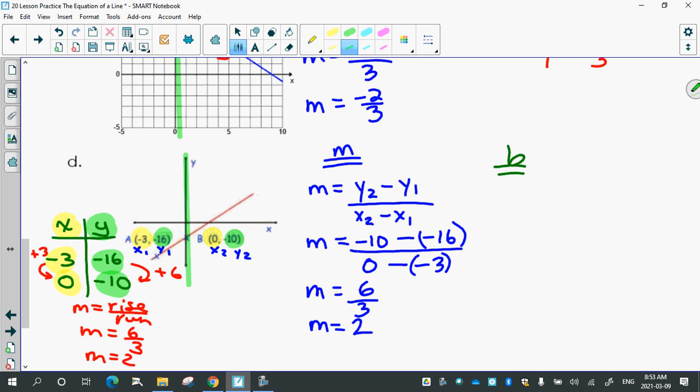So 0 for x, but negative 10 for y, so that means b is negative 10. Okay? So that point 0, so you don't go left or right, but you go down 10, is the y-intercept. So this point right here is where the line touches the y-axis. Okay? Negative 10 is where it touches.